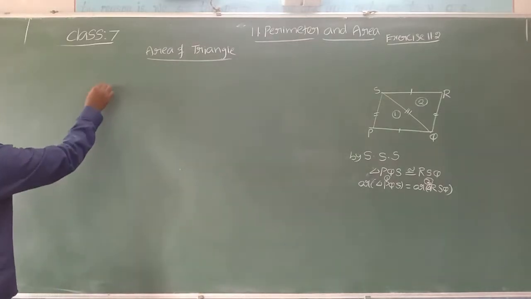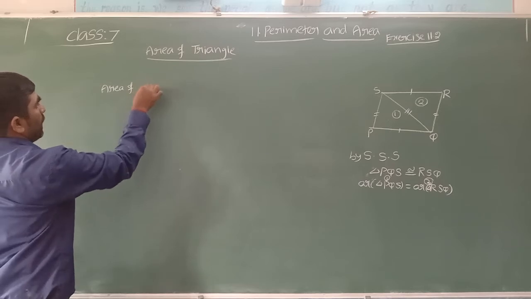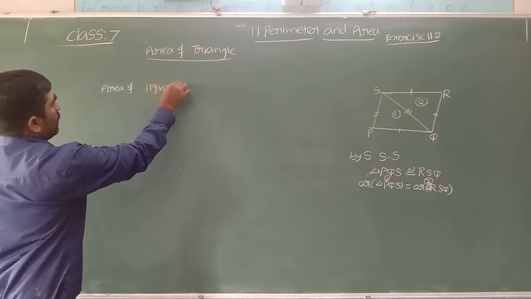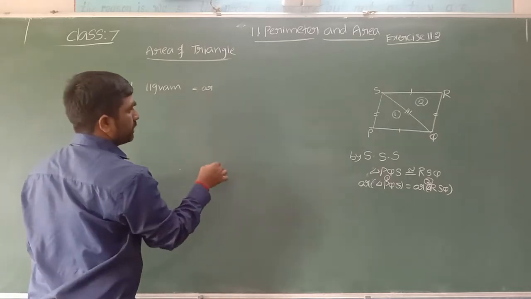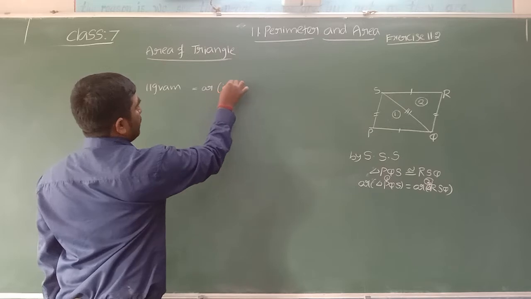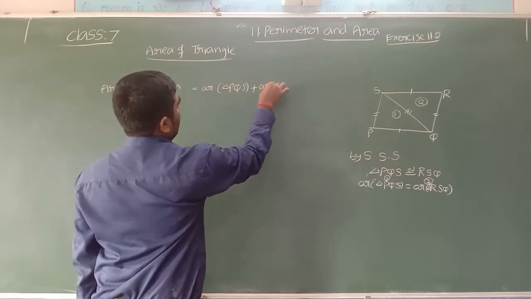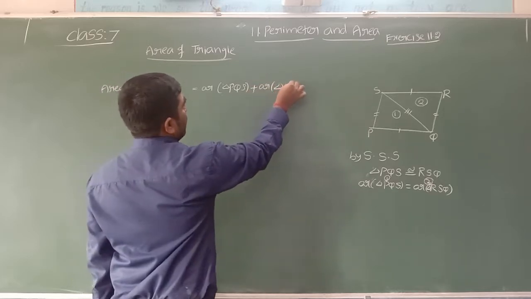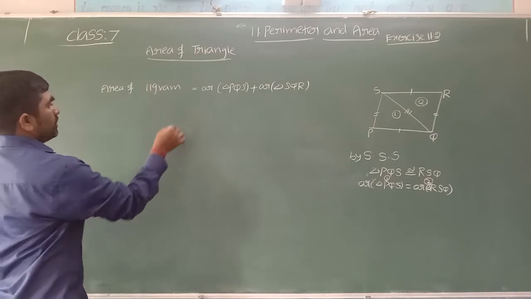Now here we can write area of parallelogram is equal to area of triangle PQS plus area of triangle SQR. The sum of these two triangles' areas equals the area of the parallelogram.